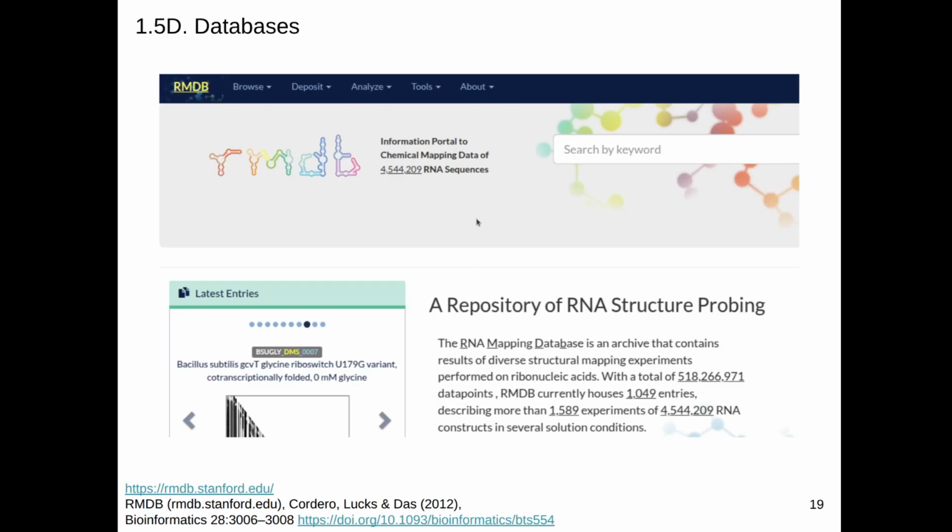Now we have databases of different experiments publicly available from different studies. One of them is RMDB database. It has many in vitro probing experiments for up to more than 4 million sequences.